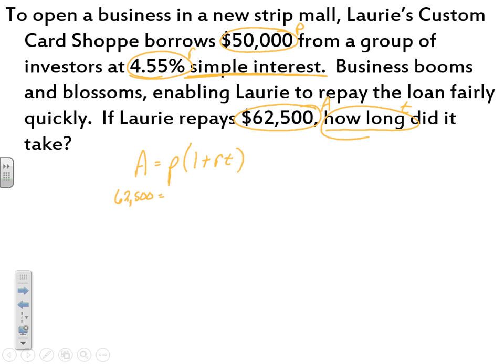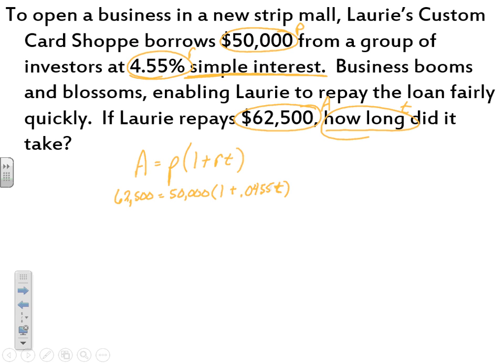The principal amount that they borrowed was $50,000, and the rate is 4.55%, which as a decimal is 0.0455, just dividing 4.55 by 100. And time is what we're looking for. That's the one thing we don't know. How long did it take to pay that off?